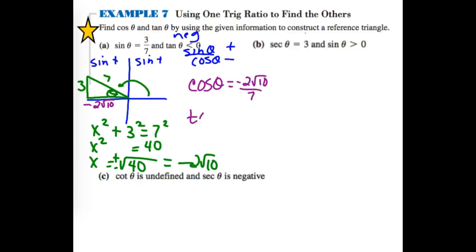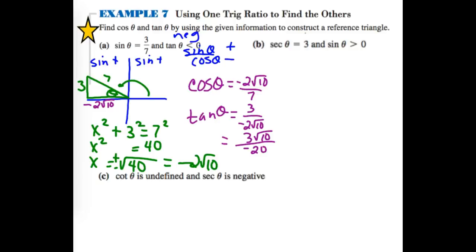My tangent is y over x. So 3 over negative 2 root 10. All right, if we rationalize that, we'd have to times by a root 10. So we would get 3 root 10 over negative 20. Okay.